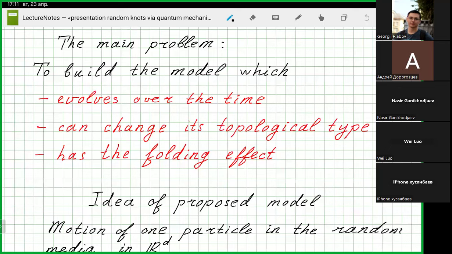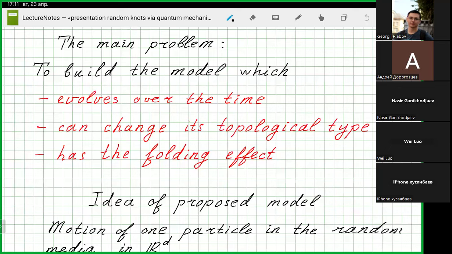In this way, we obtained a closed random curve, which changes its topological type at random moments of time, not at deterministic moments. It has no self-intersection, but there was no folding effect in those models.